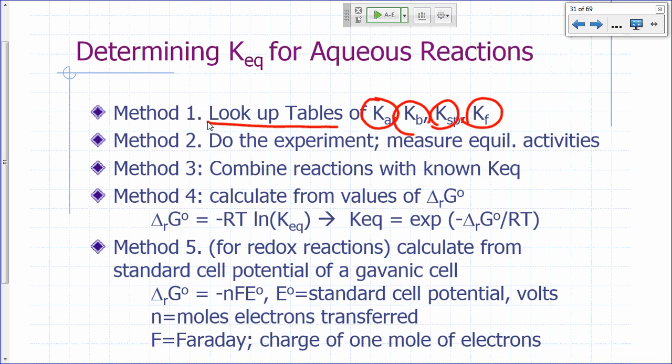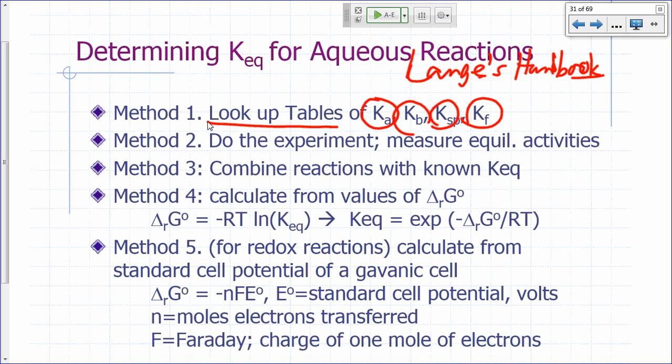And there are handbooks. Lange's Handbook of Chemistry is a very good source of data for chemistry. It's kind of expensive, but they sell a lot of these used on Amazon. It's really cheap.